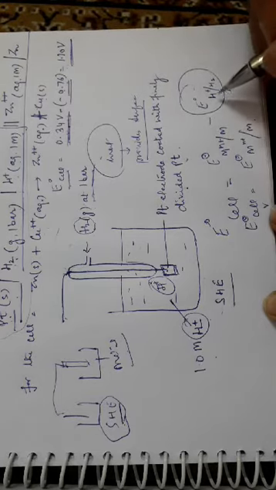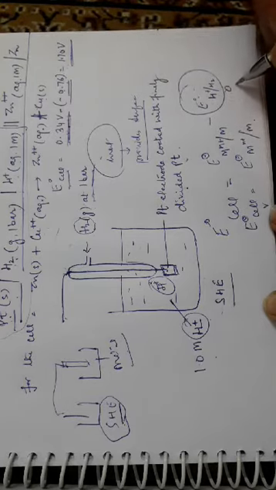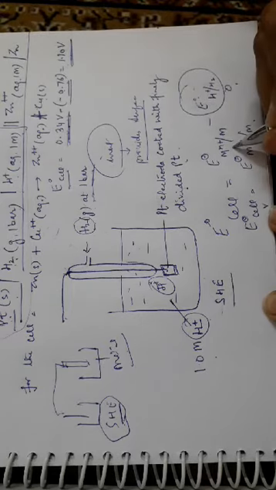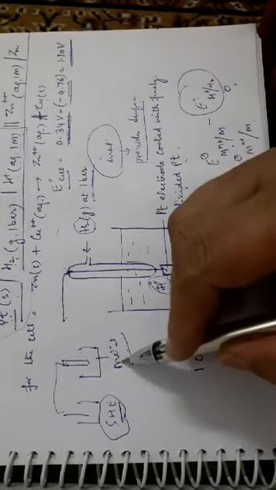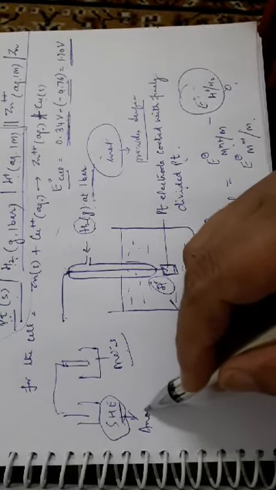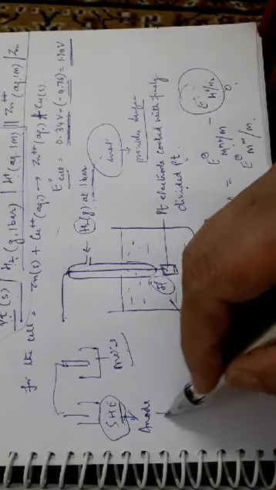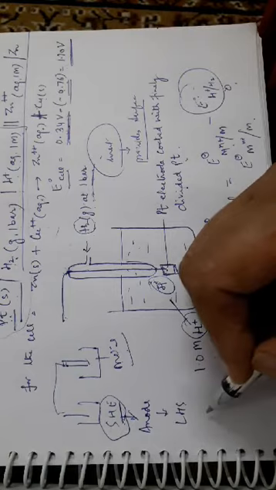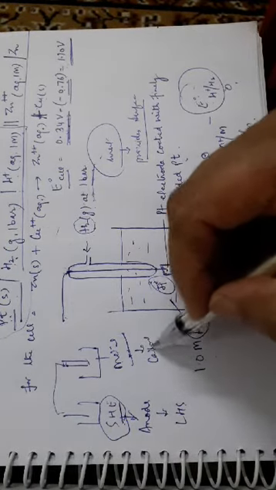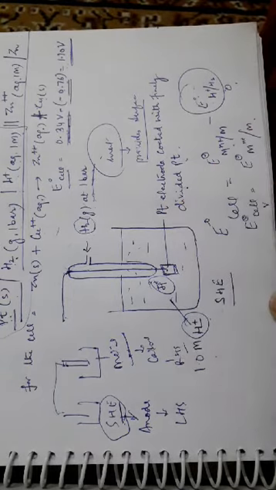So what happens here, the standard hydrogen electrode with the zero electrode potential is combined with the metal electrode whose electrode potential is to be measured like this. This standard hydrogen electrode as per convention is always taken as anode and is taken on the left hand side. Combined with the metal, that is taken as cathode and that is always taken on the right hand side.